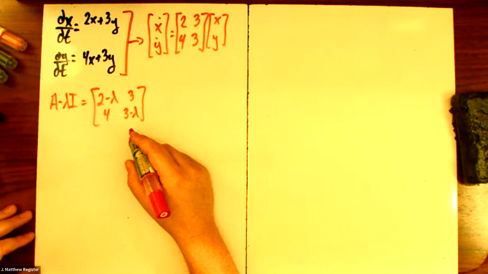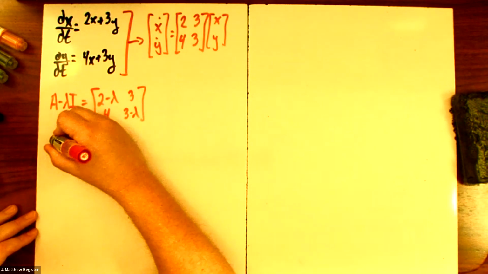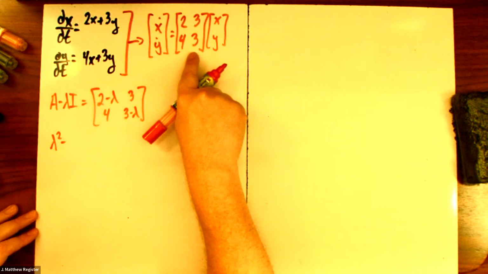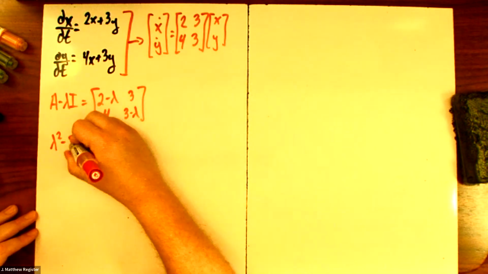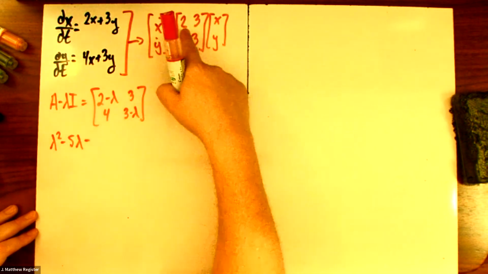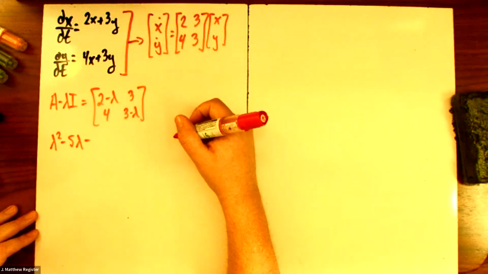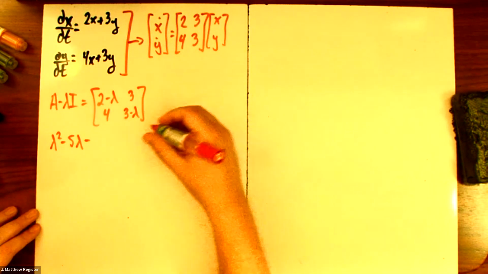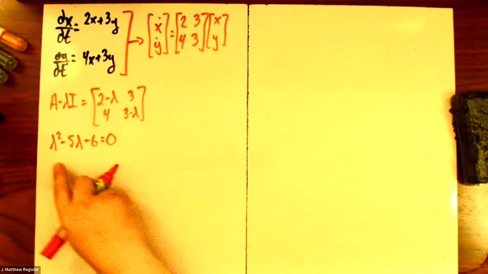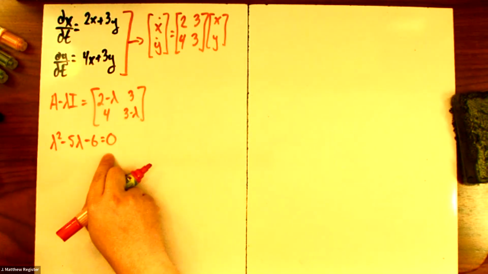And so once we have this, we can use our characteristic equation, which remember is lambda squared minus the trace of this. And so 2 plus 3 is 5 lambda plus the determinant. Well, 2 times 3 is 6, 4 times 3 is 12, 6 minus 12 is going to give us a minus 6. And so lambda squared minus 5 lambda minus 6 equals 0 is our characteristic equation.